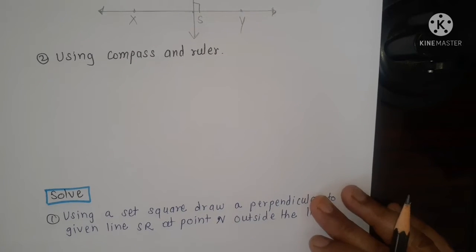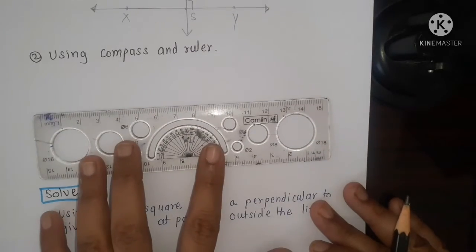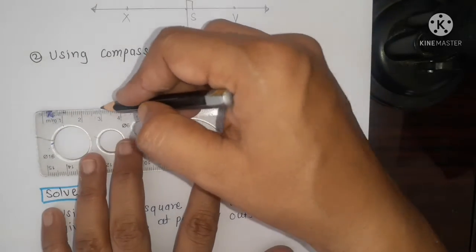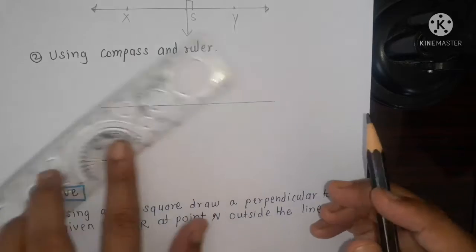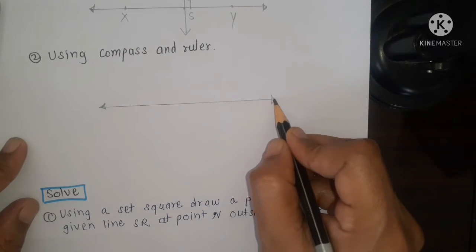Using a compass and ruler, we can first draw a line and give the name MN to this line.